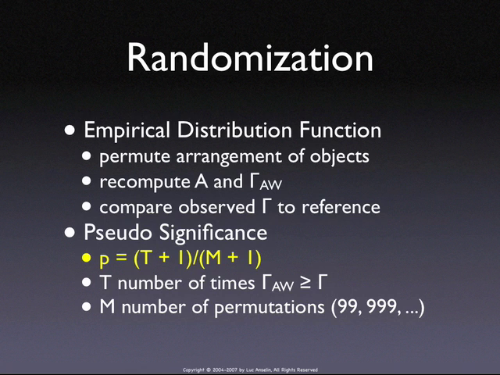Here, that's not the case. Here, you should never say that. You should always be very careful in interpreting pseudo-significance values, because they obviously depend on the data, but they also depend on the randomization, how good your random number generator is, and they depend on the number of replications that you use.